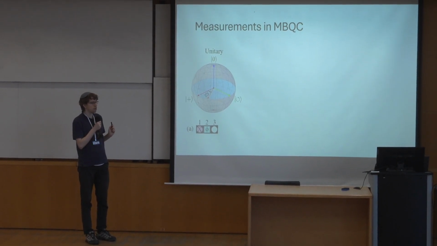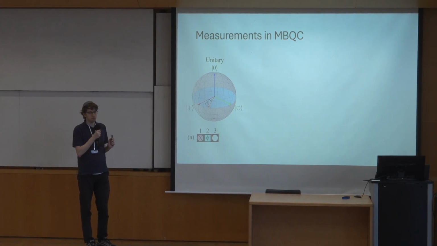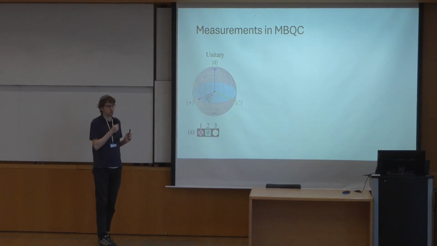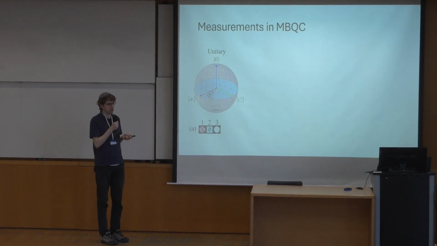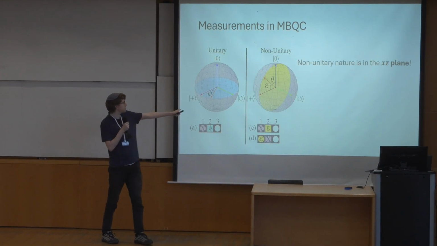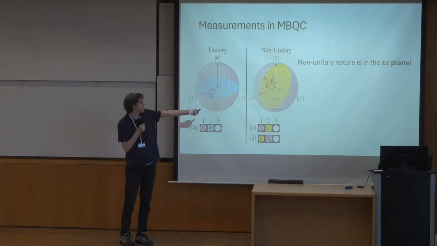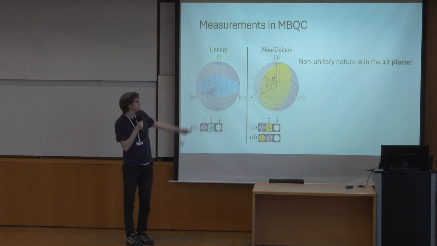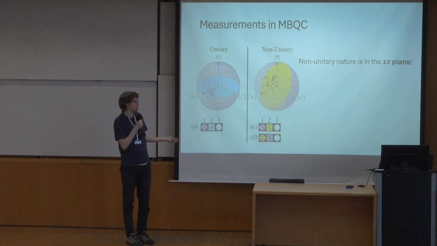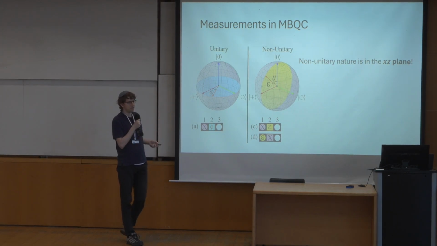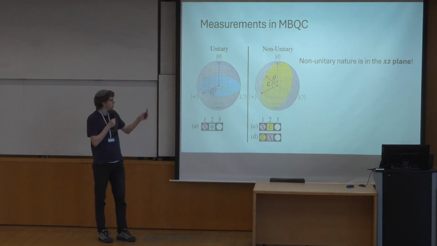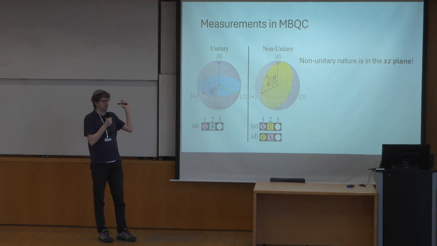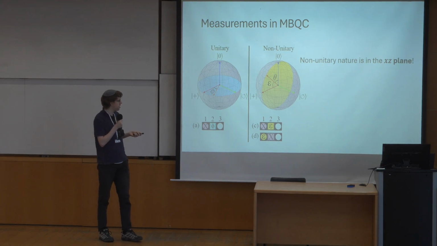Now, what we try to check, and you can check it with ZX calculus, for example, or you can just do the algebra, is that if you measure in this rotated angle in the XZ plane, you actually get a non-unitary action. In the Z case, it is very clear why it happens, but it also happens for tilted angles, which is harder to show, but you can do the algebra and prove it.